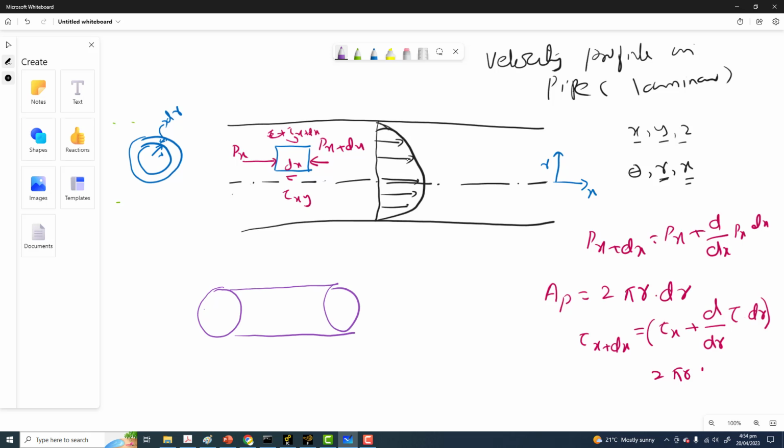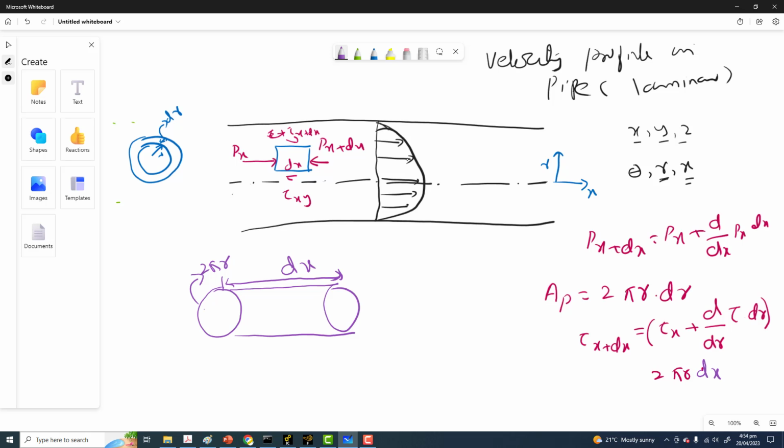This ring has a circumference of 2 pi r, and the length of the small element is dx. So for shear stress, the area is equal to 2 pi r into dx.